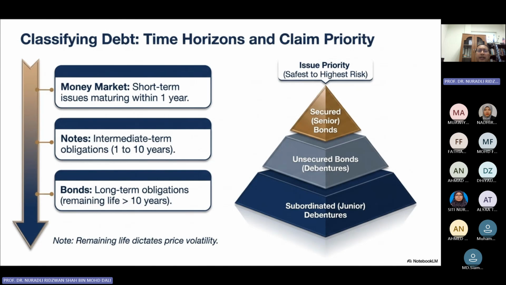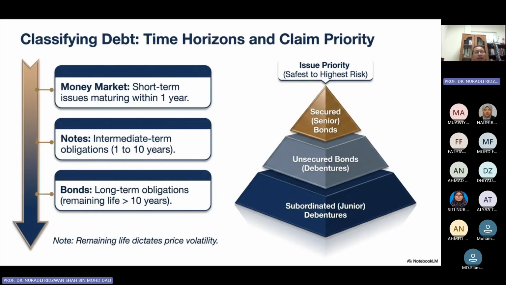Now we look at the debt. The bond market we can say is debt market. The sukuk market also normally people consider as a debt market, just to classify it. But if you are using mudarabah, musyarakah, then basically it's not debt market, it is equity.